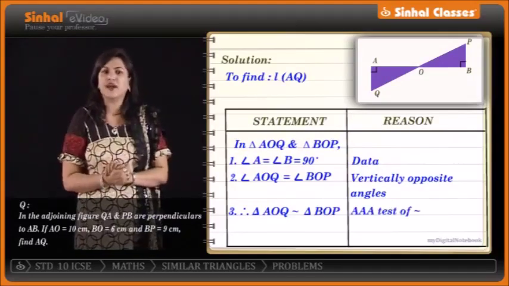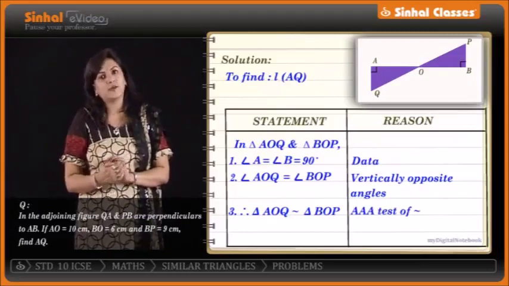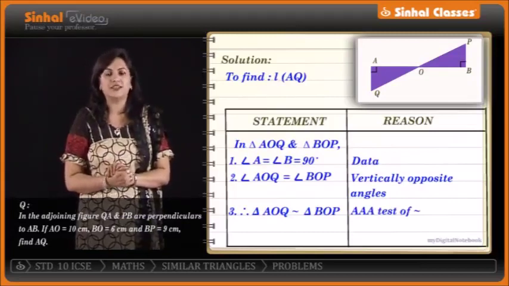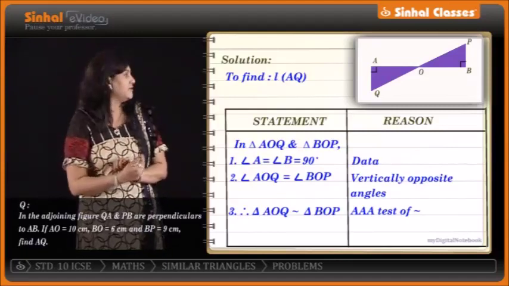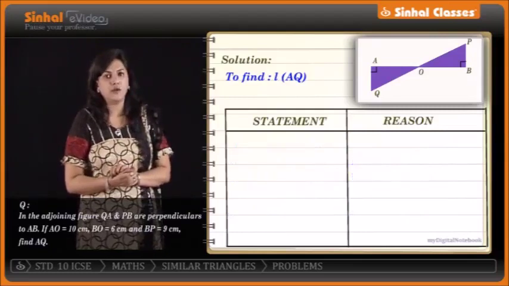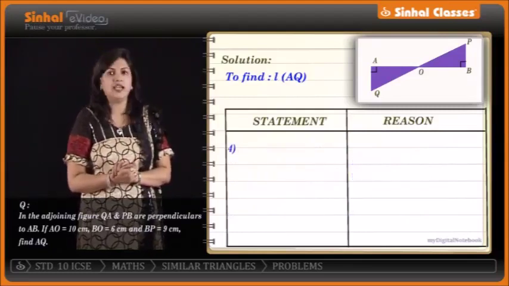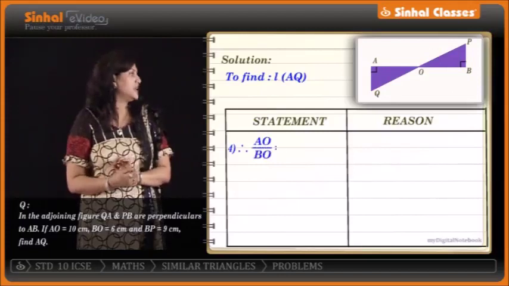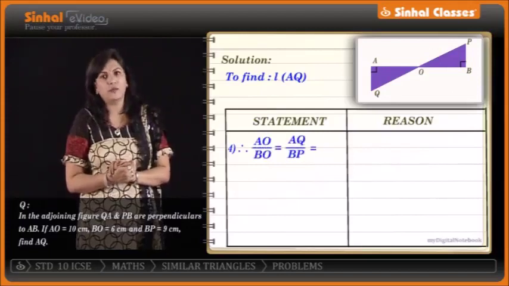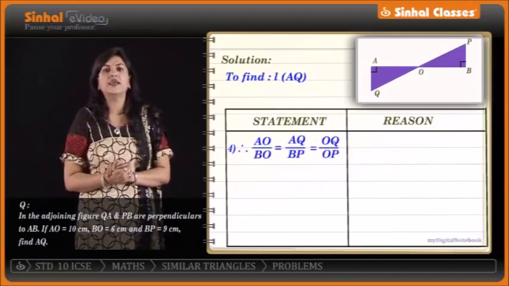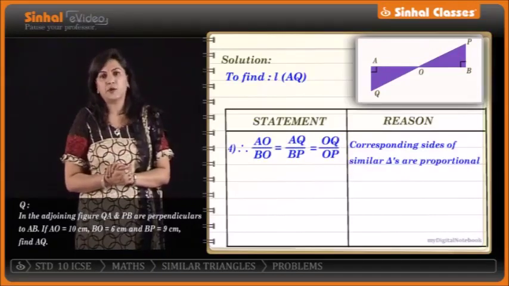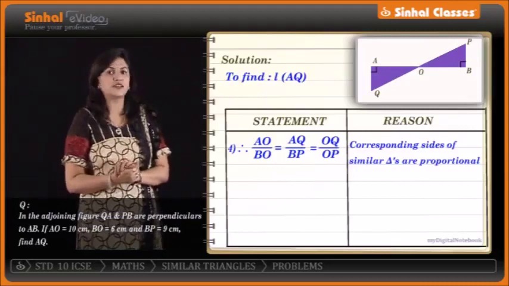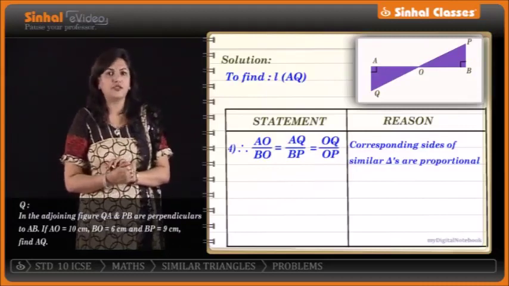Now once these two triangles are similar, their corresponding sides are proportional. Now with the help of the name of the triangle itself, we can get the corresponding sides. We take AO upon BO equals AQ upon BP, which is equal to OQ upon OP. Reason for this would be the corresponding sides of similar triangles are proportional. Now let's substitute the values of what is given to us.